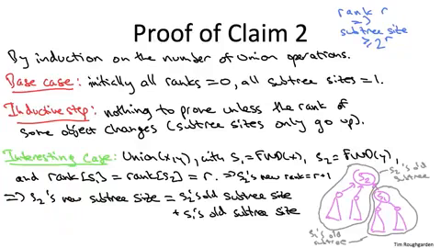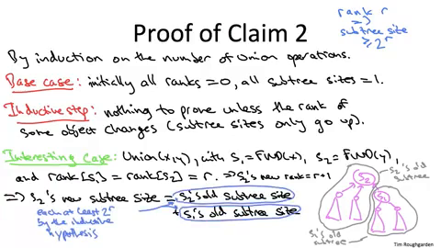But then we're in good shape because we have the inductive hypothesis to rescue us. So remember, before this union, by the inductive hypothesis, for every object with a given rank, say r, it had at least 2 to the r objects in its subtree. So S1 and S2 both had rank r before this union. So before this union, both of their subtree sizes were at least 2 to the r.